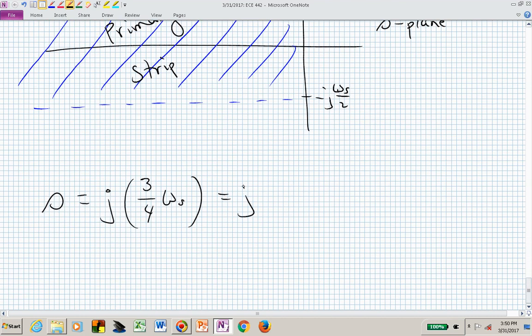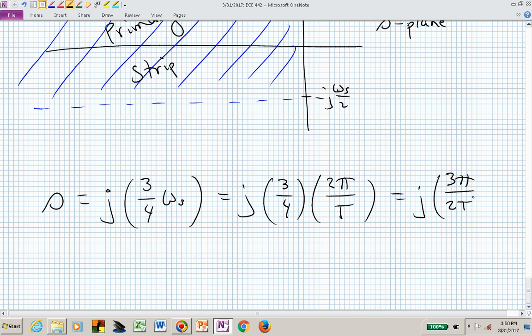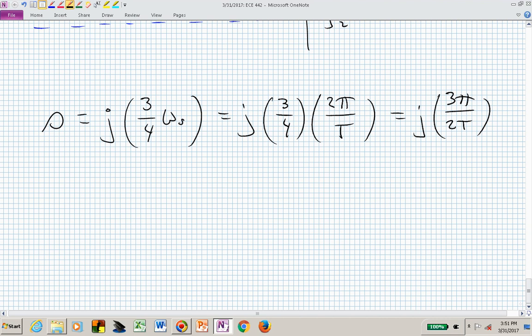But remember how we can define omega sub s: omega sub s is 2 pi over capital T. So this is now j, and the 2 and the 4 simplify a little bit so that we now have 3 pi over 2T. And we want to know, where does that put us in the z-plane?